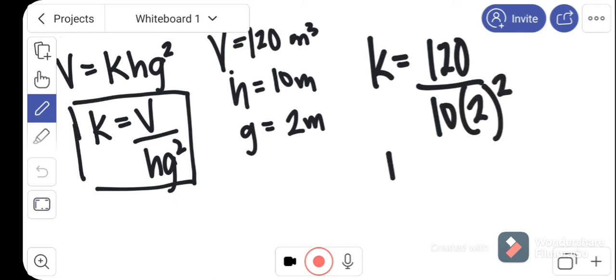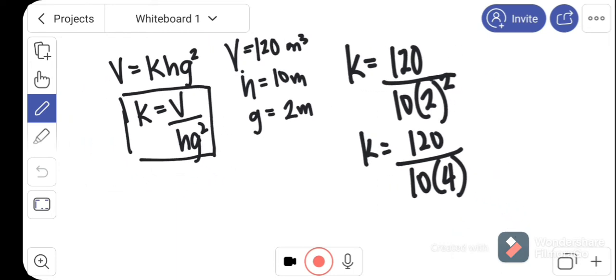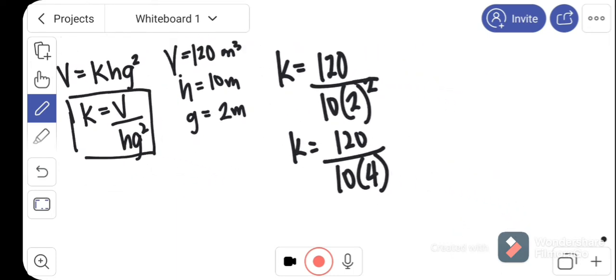So we have k is equal to 120. Simplify the denominator. What is 10 times 2 squared? That would be 4. 10 times 4 is 40. So k is equal to 120 over 40.